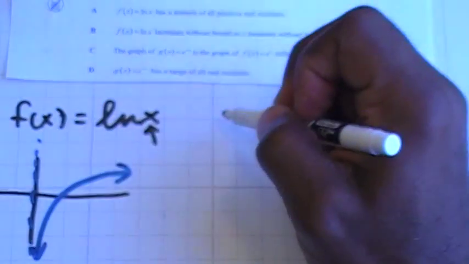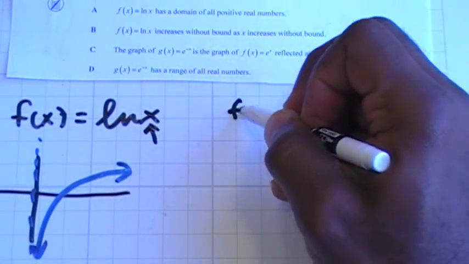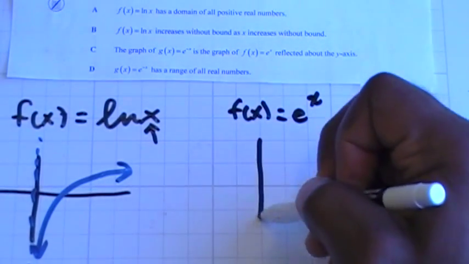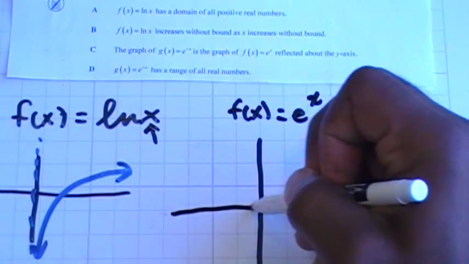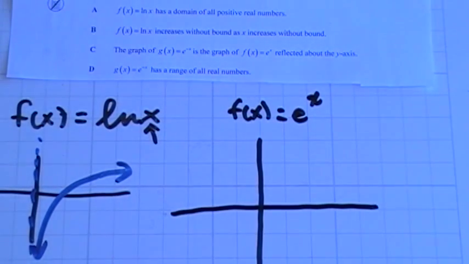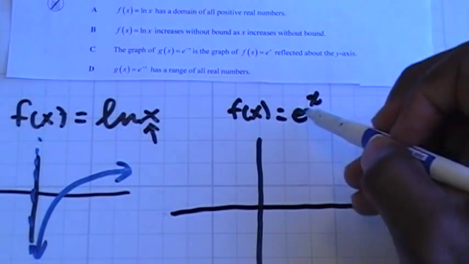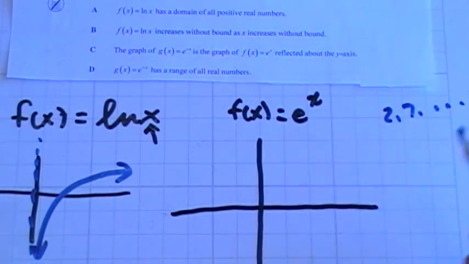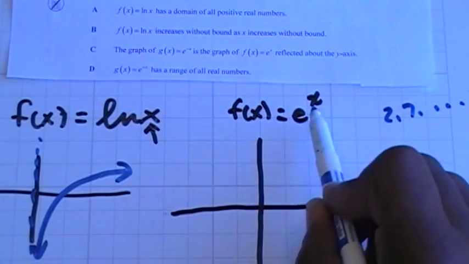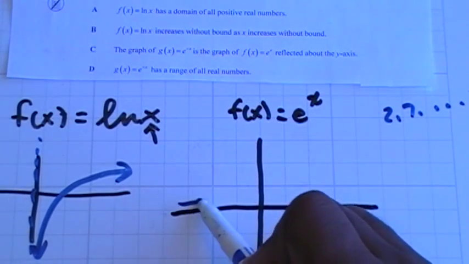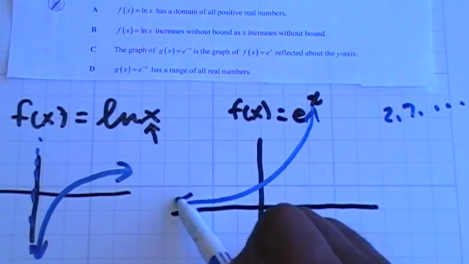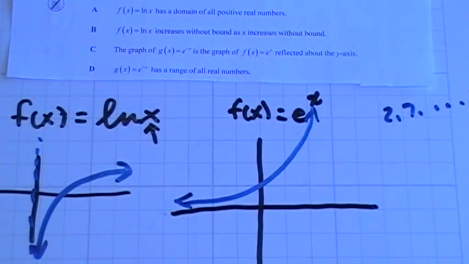If we start with f of x is equal to e to the x, we have an increasing graph, because e is 2.7 something, and the graph will look like that. I should just know that that's an exponential growth.